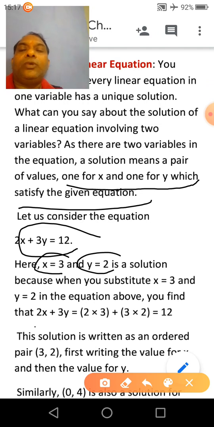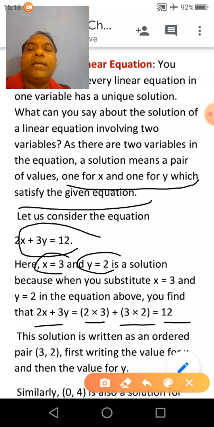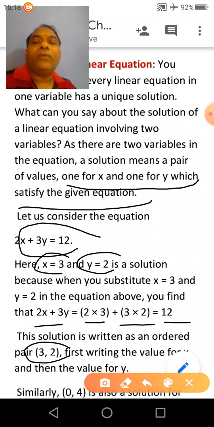Then 2x plus 3y will be equal to 2 into 3 plus 3 into 2, which is equal to 12. Clear? So this solution is written as an ordered pair (3, 2). It means x is equal to 3 and y is equal to 2 is the solution of the given linear equation of two variables. Clear?